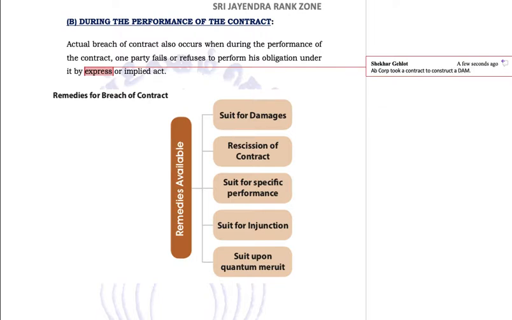Now, AB Corporation has taken a contract to construct a dam, say somewhere in Karnataka. The other party is the Karnataka government. How a contract could be breached by express or implied act, we'll discuss with the help of an example.